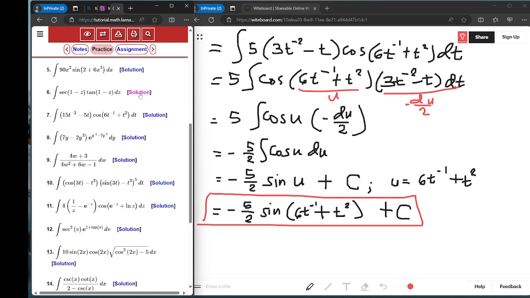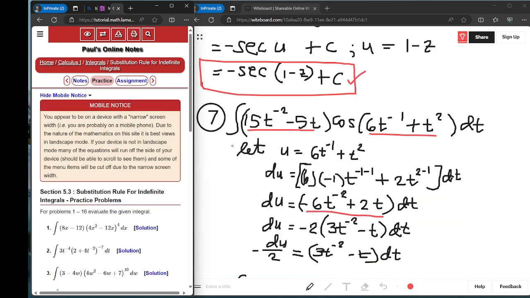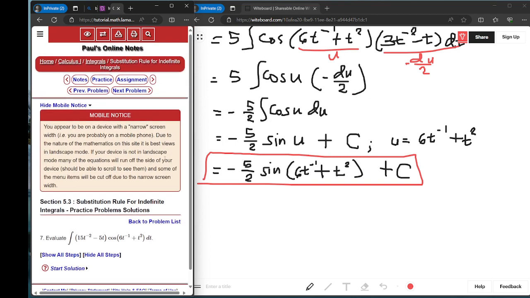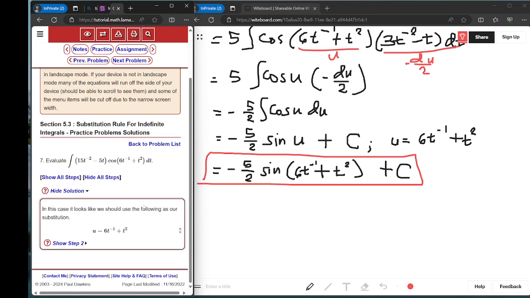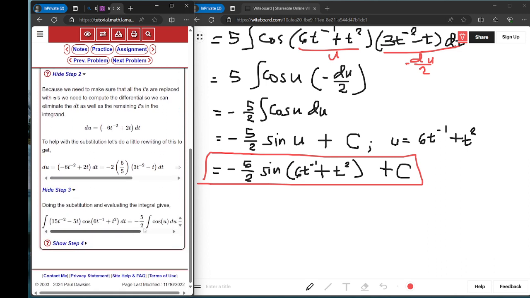This is again number 6. No, go back. Let's go back. This is number 7. So we have here negative 5 over 2 cosine of u. The result is negative 5 over 2 sine of u plus c.